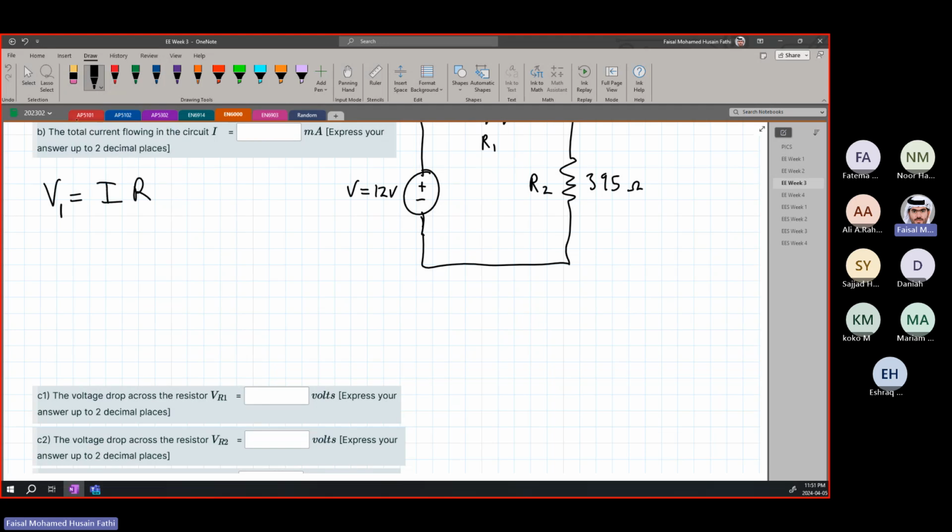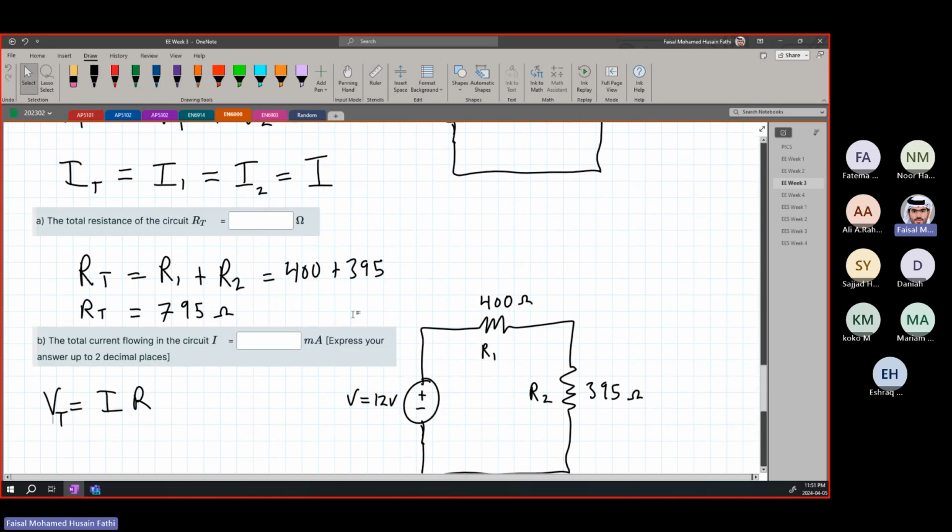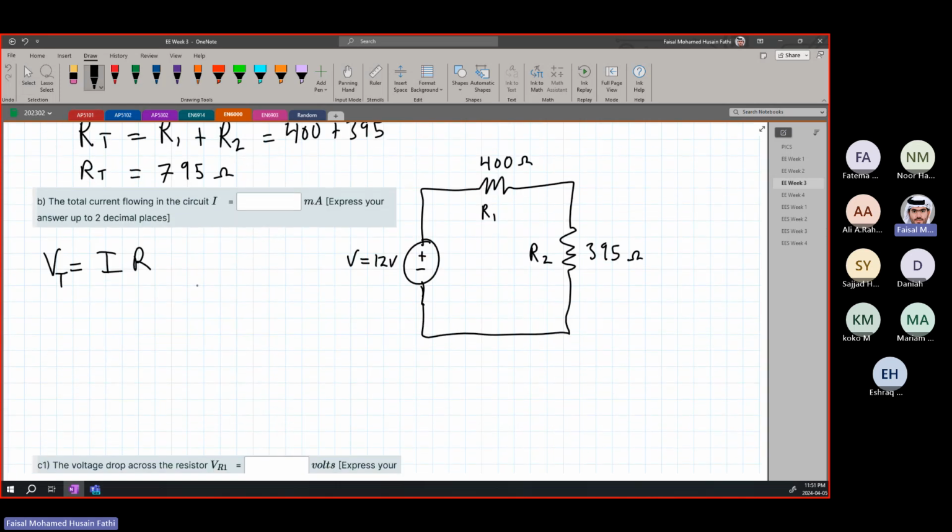So V total is going to be equal to I, and since current is the same across the circuit anywhere we go, it's just I, times R total. So if we want to find V across R1, or V1 as we call it, it is going to be exactly the same thing, current times R1. V2 is going to be current times R2.